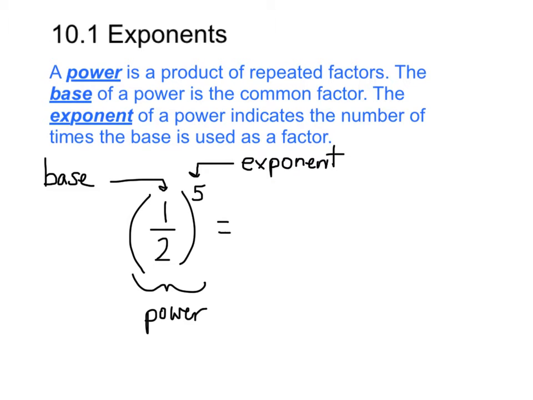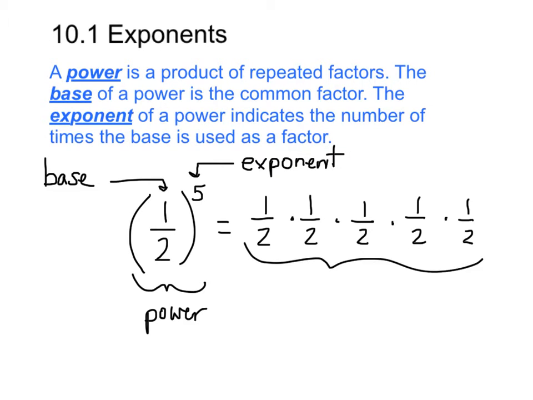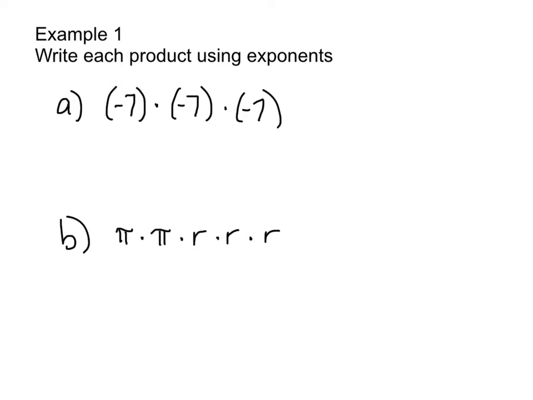What that means is you are going to take 1/2 times itself, a repeated factor, 5 times. So 1/2 is used as a factor 5 times.